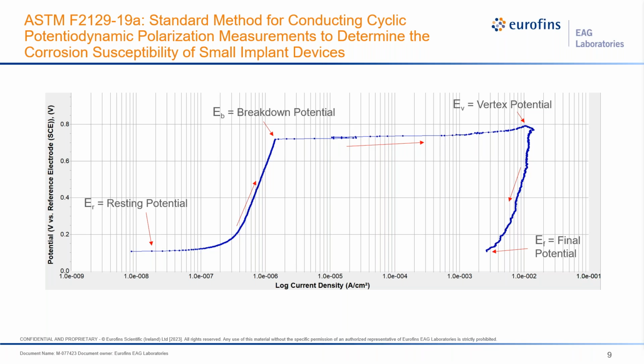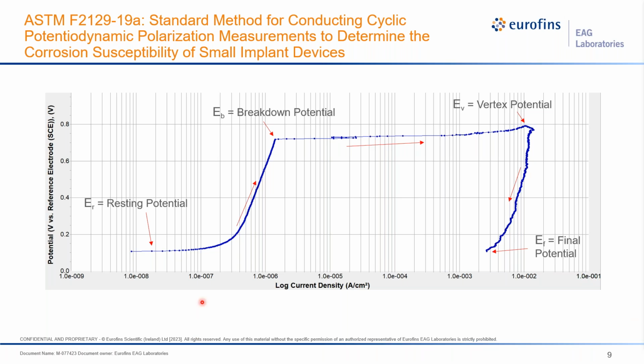So let's look at the cyclical polarization scans and talk about how to interpret these scans. This specific cyclical polarization scan is consistent with a material surface that possesses corrosion damage.